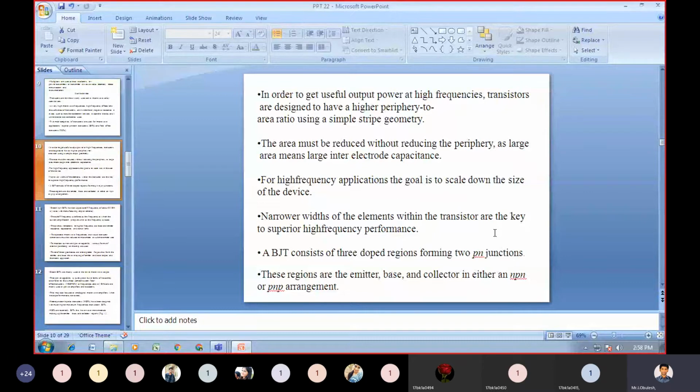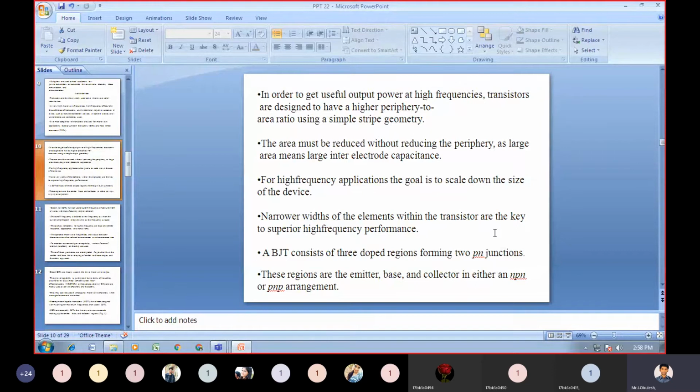The area must be reduced without reducing the periphery, as large area means large inter-electrode capacitance. For high frequency applications, the goal is to scale down the size of the device. Narrower dimensions of the elements within the transistors are the key to superior high frequency performance.